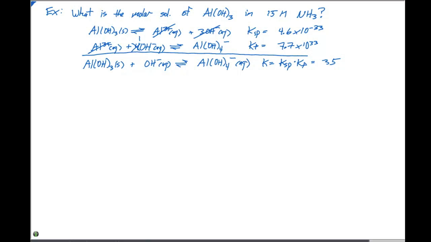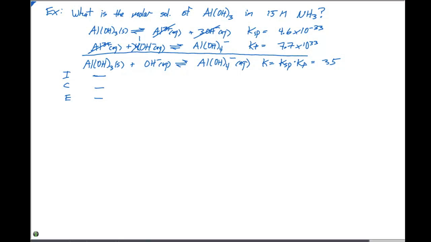So now what we're set to do is take this overall expression that's happening in solution, set up an ICE table, and go on our merry little way to solve this problem. The solid concentration does not change throughout the equilibrium, so we can ignore that.